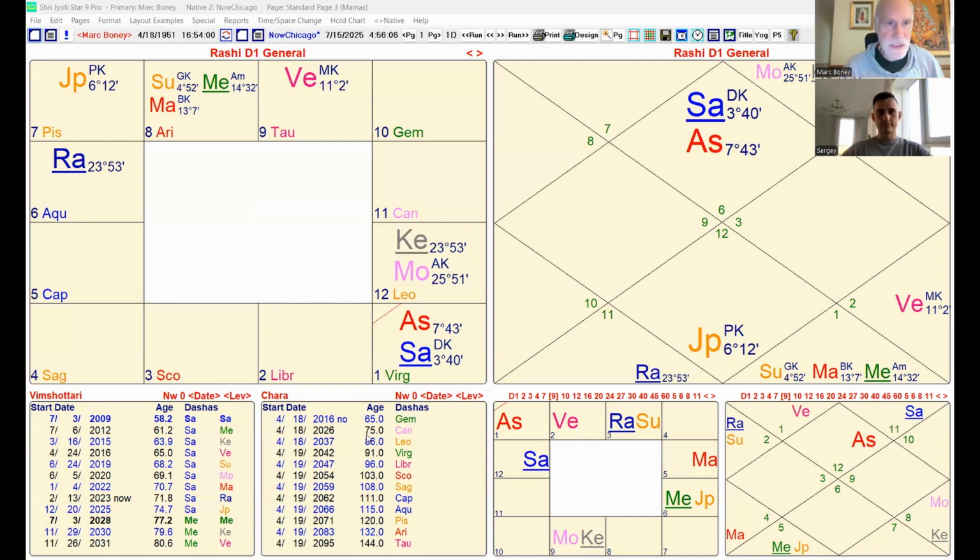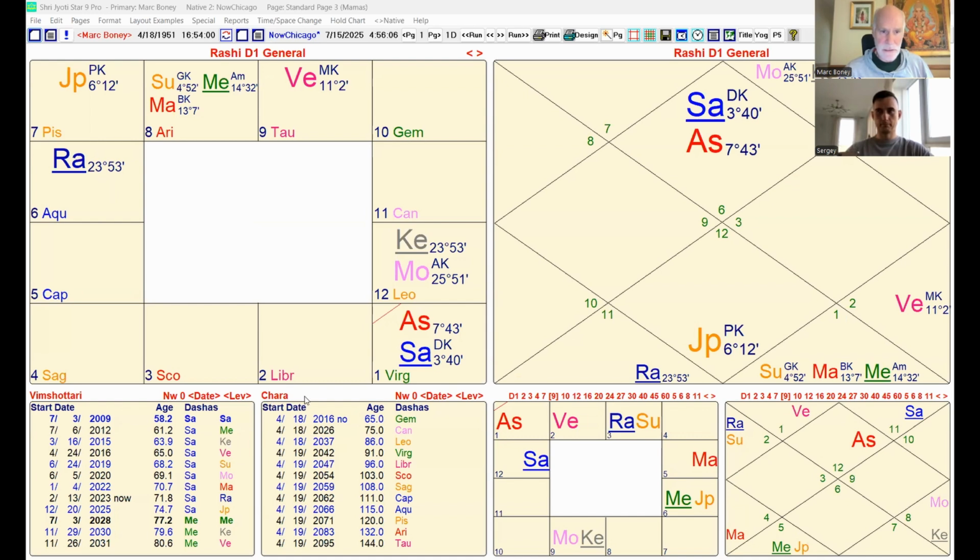The particular Jaimini sign-based dasha that we're using here is called Chara dasha. And Chara dasha is to the Jaimini system what the Vimshottari dasha is to the Parashari system, meaning it's an all-purpose dasha for predicting any event, and you can use it on any horoscope. That's what I mean by an all-purpose dasha, right?